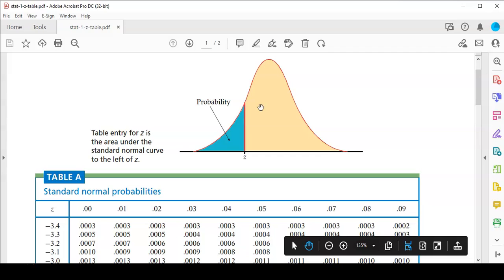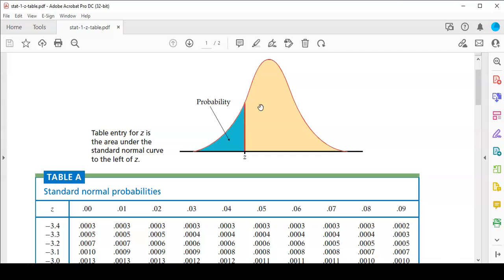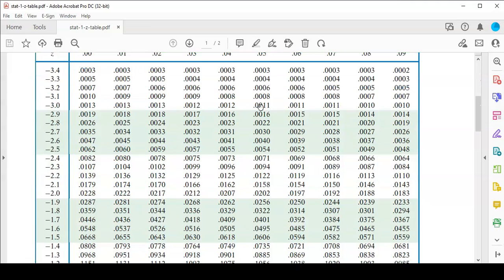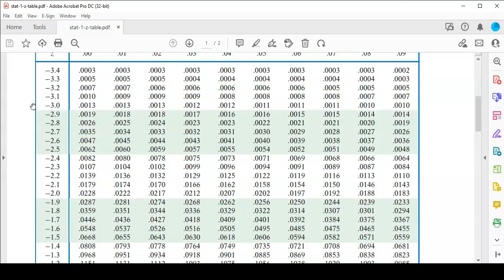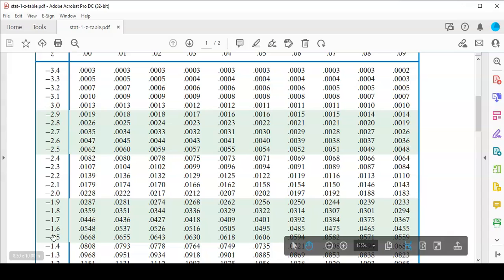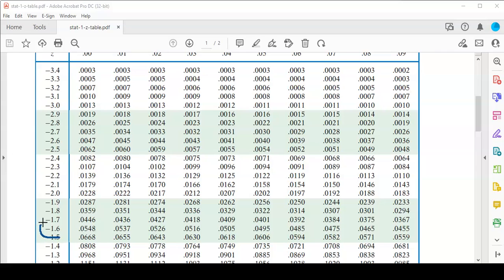Now we wanted negative 1.64, right? So let's go look for negative 1.64. The z-value is here in the first column, and it gives you up to the first decimal digit, negative 1.6. Where is it? Right here. So negative 1.6 here, and then 04 is over there.